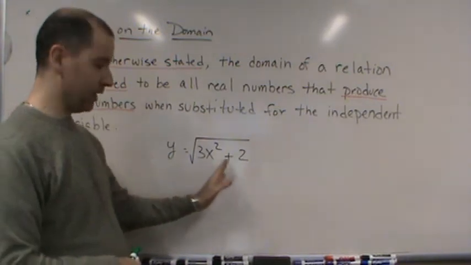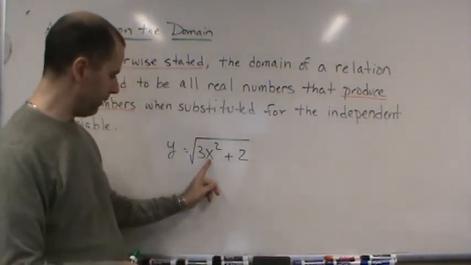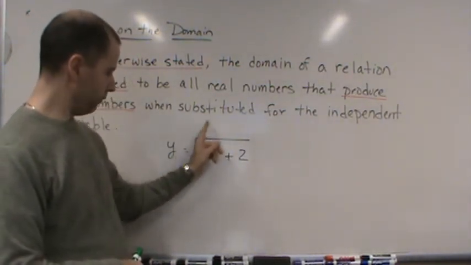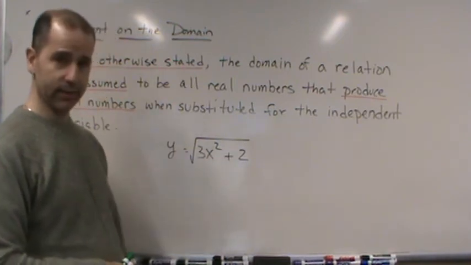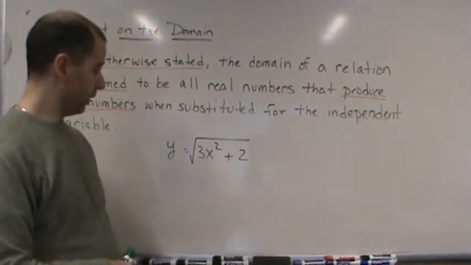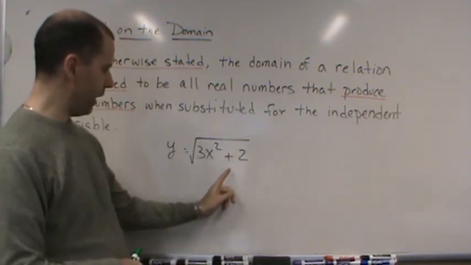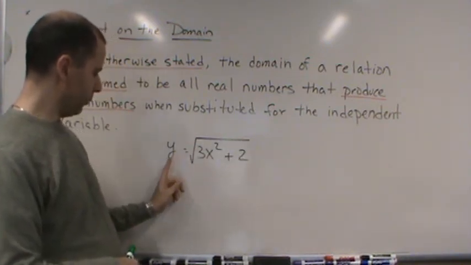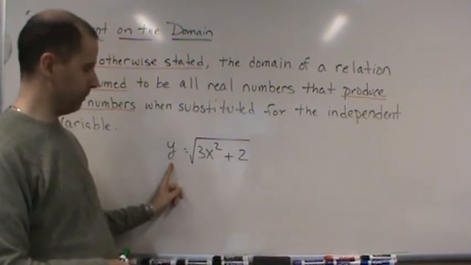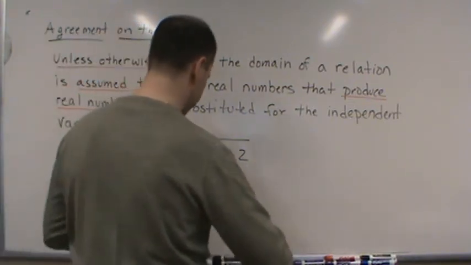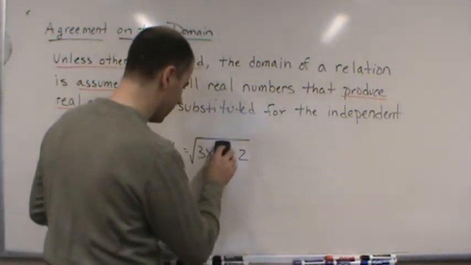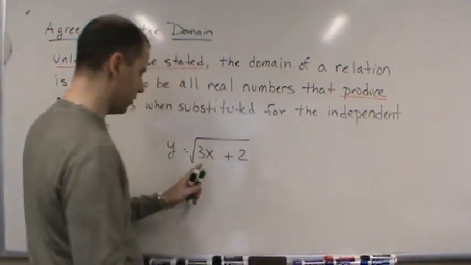I can't have negative numbers. Are there any values of x that will give me a negative number under the radical in this case? No. So again, this would be all real numbers as the domain because there's no value of x that I can stick in here that will give me a problem for y. But what if I change it to this? So now it's 3x plus 2.